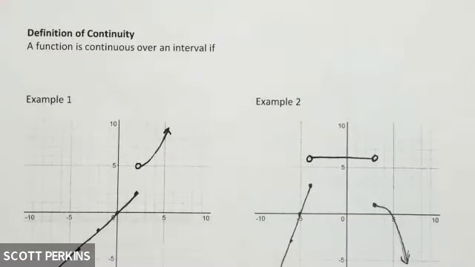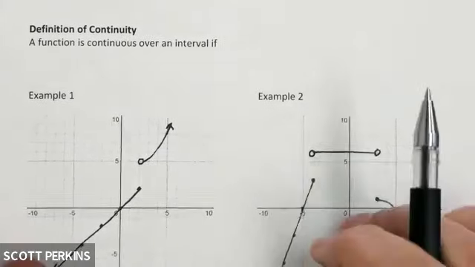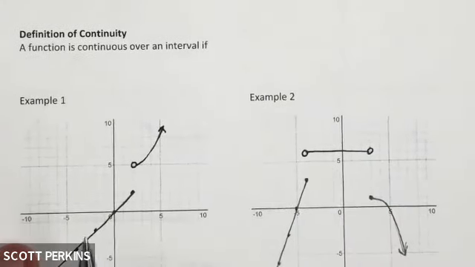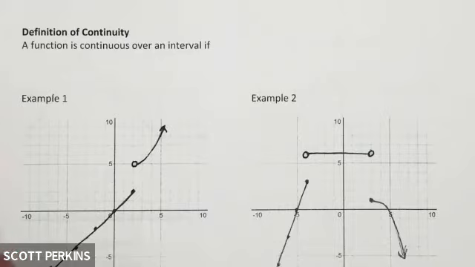So the definition of continuous is this. I'm not going to give you the mathematical definition. You're not there yet. You need a little calculus. You need to understand the minute changes. So I'm just going to give you kind of a description of what it means to be continuous, and that'll do for us.